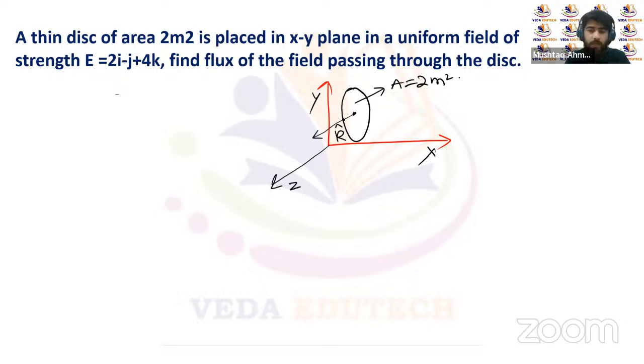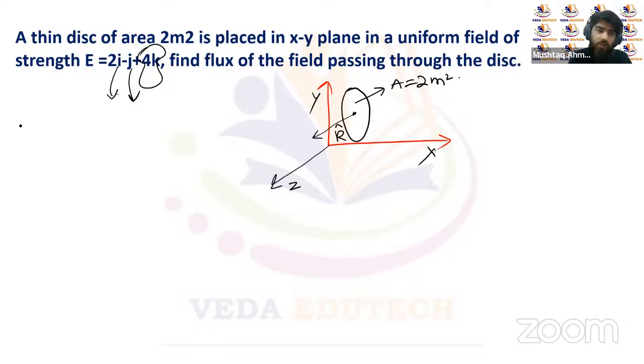It means the flux because of the x and y components has to be zero, because they will not penetrate the disk. So the only flux will be because of the k component.